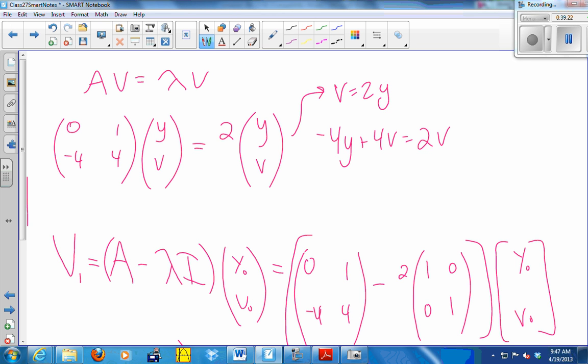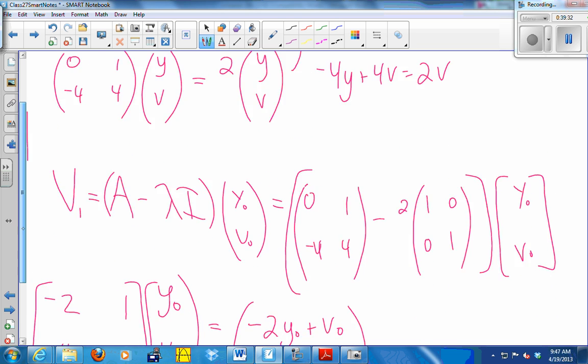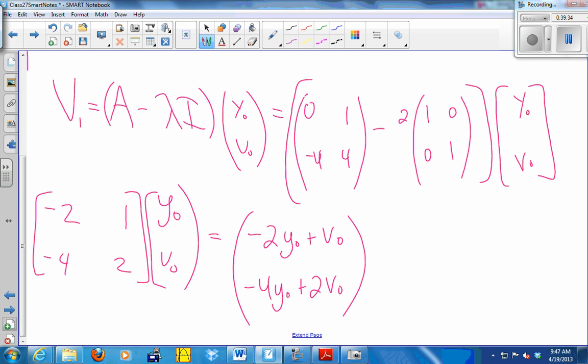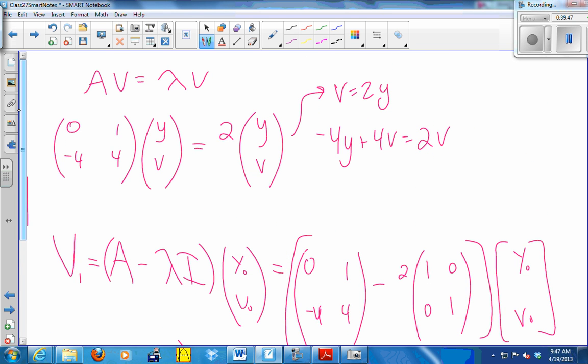They're straight line solutions, right? So here, there are an infinite number of y's and v's that will make these two equations true, and we usually just pick one. So I could do the same thing here, just pick any y naught, v naught. But that's not an equation, so I don't know. I've got to think about it.